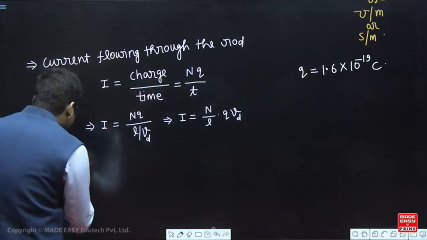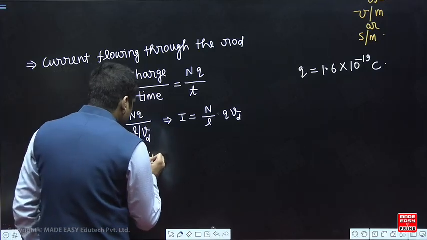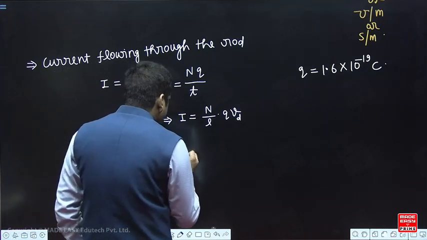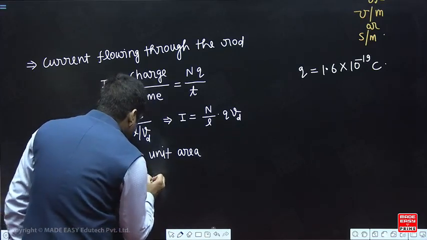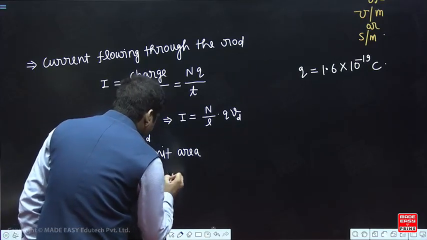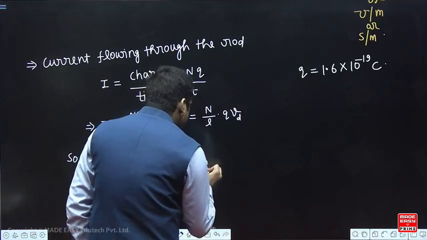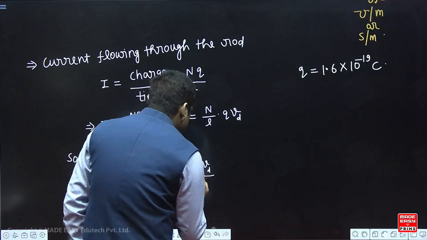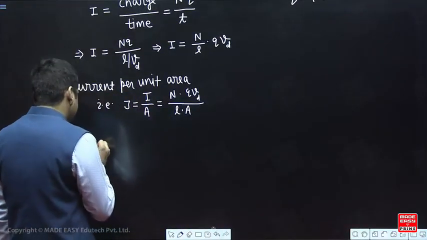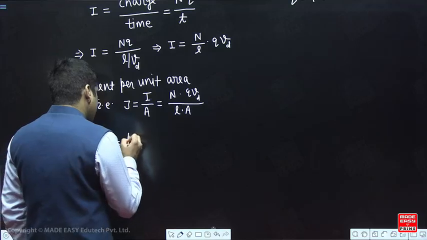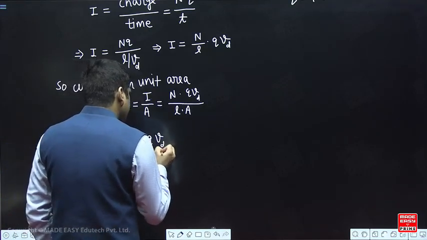So current per unit area, that is current density, J is equal to I upon A. So I is n by L q Vd, into A. You can write it like this: J is equal to n upon L into A into q into Vd.